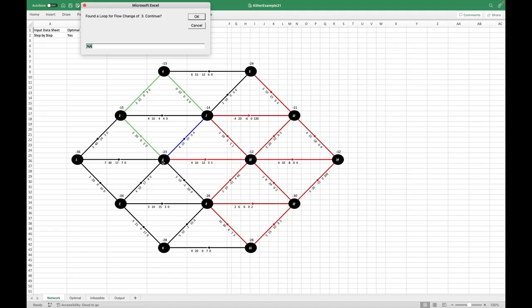But what it means here is that for the arc in the loop going the opposite way, we subtract the flow change of 3. So this becomes 0. And then we add it to this, which becomes 6, and this becomes 5. And then we add it to this one. So in a loop, it's not necessarily that all the arcs are going in the same direction. Some of them will be in the right direction, some of them in the opposite direction.